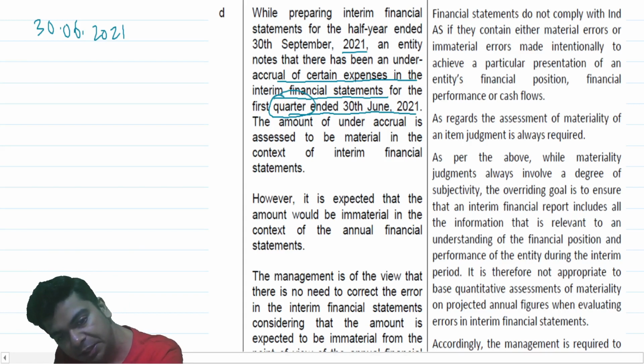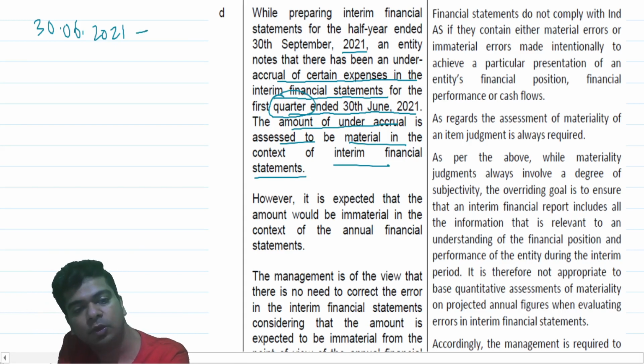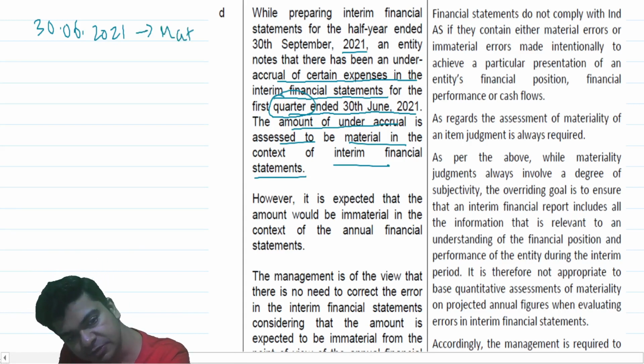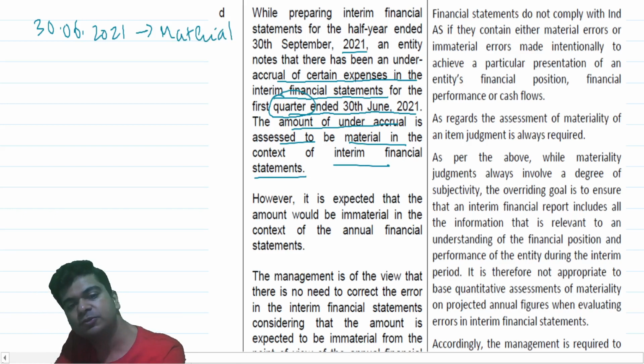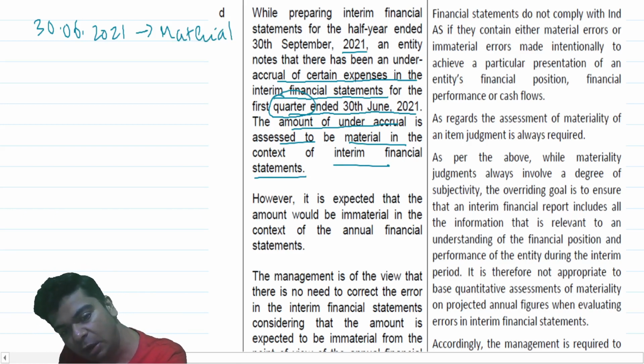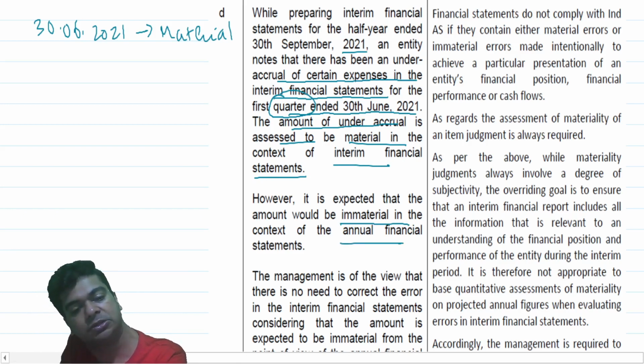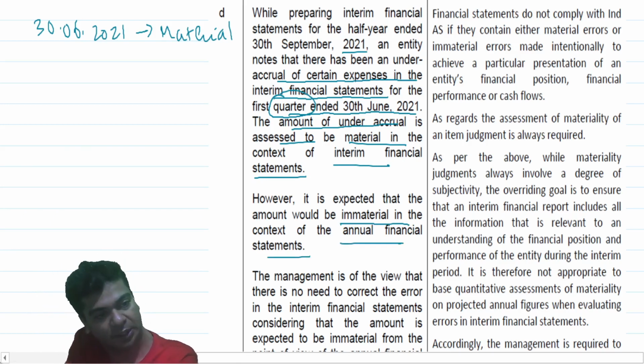They say the amount of under accrual is assessed to be material in the context of interim financial statements. When you are preparing the interim financial statements, we are considering the under reported expenses to be material. Then they say, however, it is expected that the amount would be immaterial in the context of the annual financial statements.